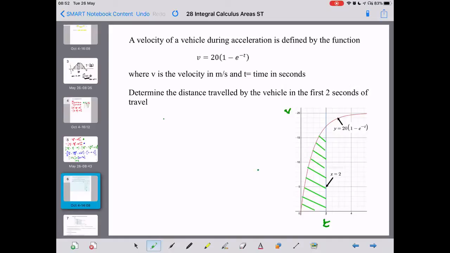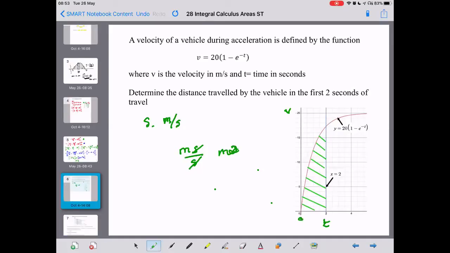Meters per second is velocity, and we're multiplying that by seconds. The seconds divide out, and we're actually finding meters. So what we're finding, by finding the area under this graph, is the distance travelled in that amount of time.